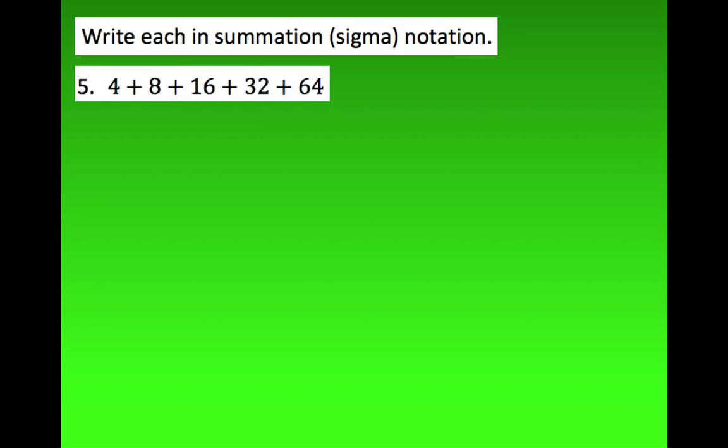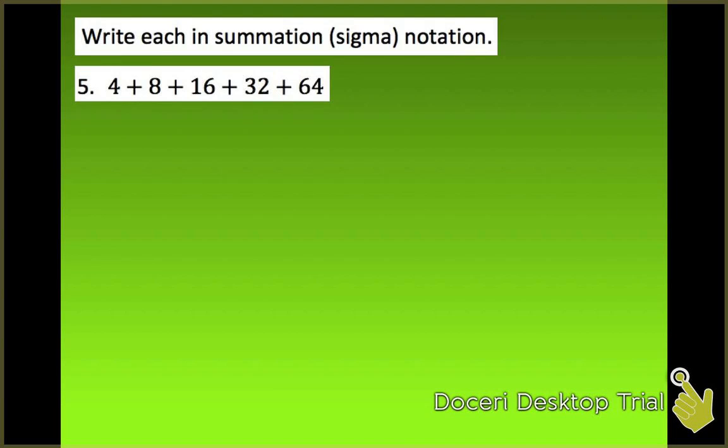So if we want to write the summation of this next one, 4, 8, 16, 32, 64, we need to figure out in terms of 1, 2, 3, 4, and 5, what exactly is going on here. Well, it just so happens that we know that 4 is 2 squared, and we know that 8 is 2 to the third power, correct?